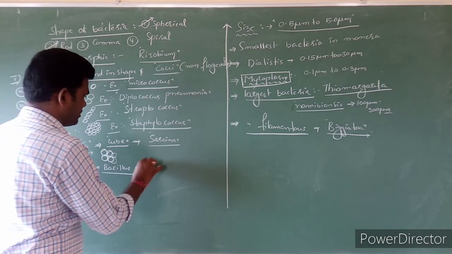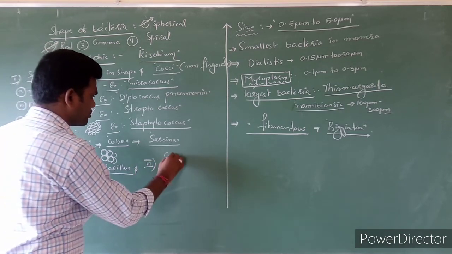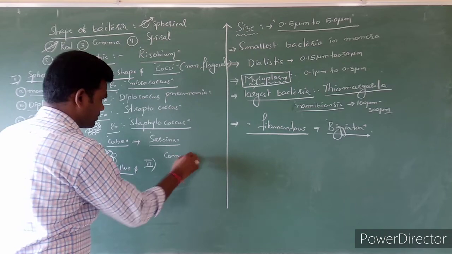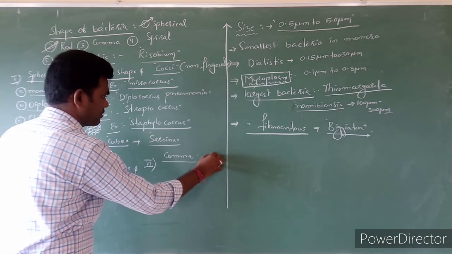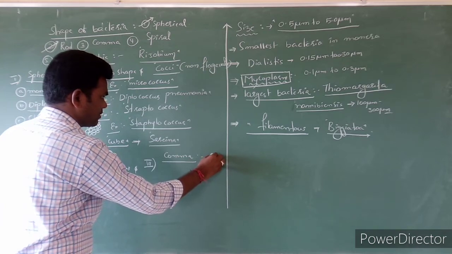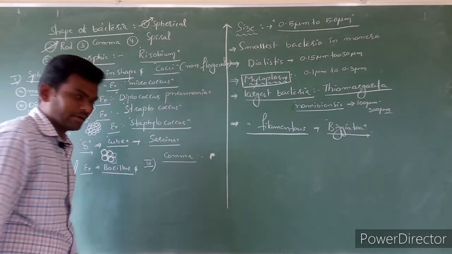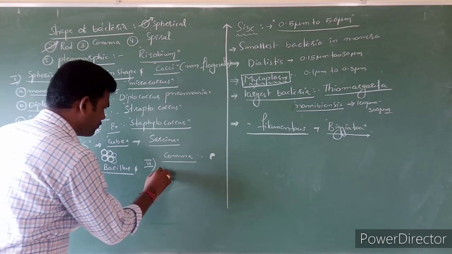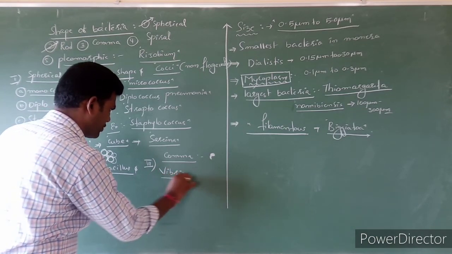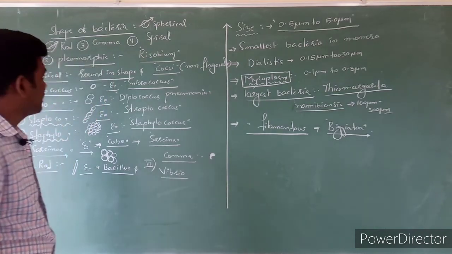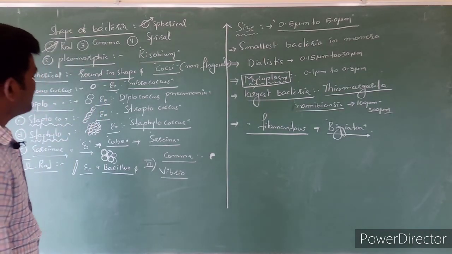Comma shape. Here, this is a comma shaped bacteria. Example is Vibrio. Vibrio bacteria. Clear? And the last one is spiral shaped.